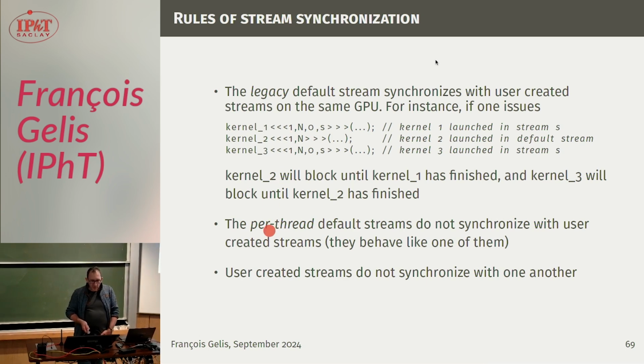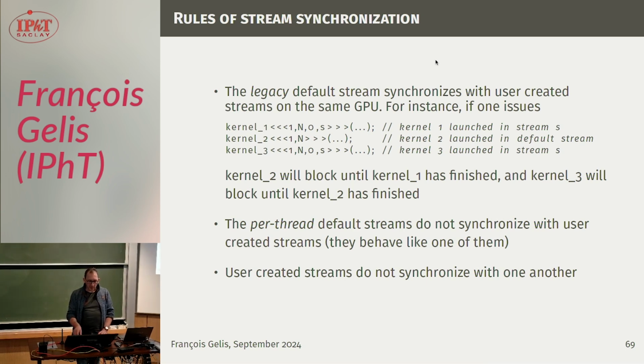Now, if you create one default stream per thread, so per host thread, then the behavior is pretty much like the streams you create by hand. They do not synchronize among themselves. So if you have two default streams, one per thread, they are not synchronized.